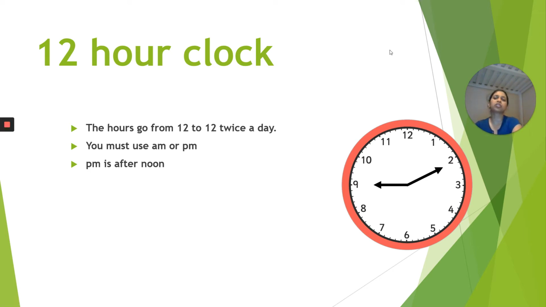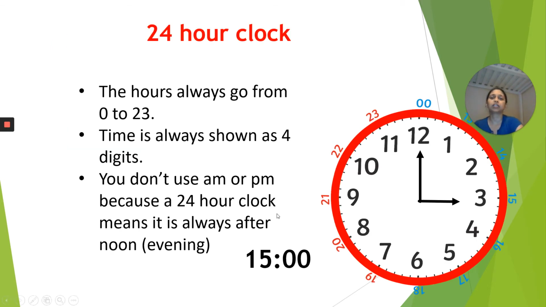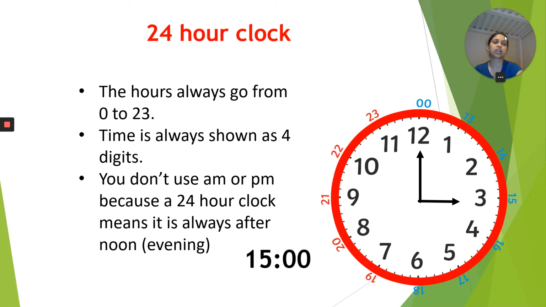Your 12-hour clock only goes in numbers up to 12, even in your digital clock as well. And your 24-hour clock goes from 0 up to 23, if you have a look on the outside of this clock over here.